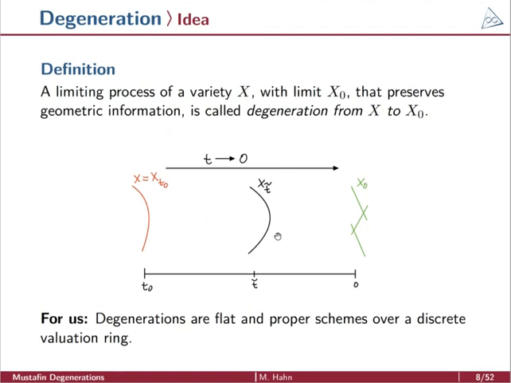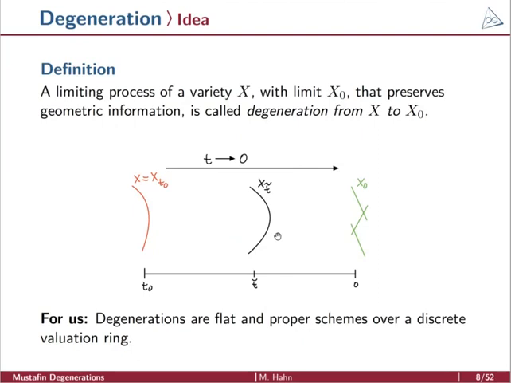On first sight it might look completely different from the variety x that we started with, but it still carries the relevant geometric information that we are interested in. And so what these Mustafin degenerations do is ensure that this x0 is going to be accessible by combinatorics.